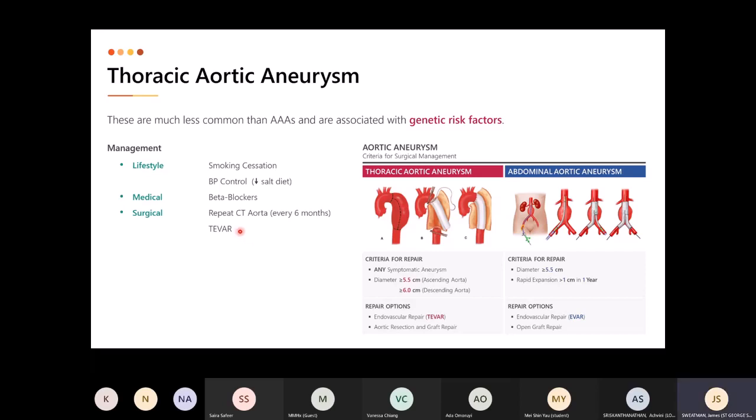If you're just monitoring them, then vascular surgery will normally do a repeat CT aorta just to make sure that they're not getting any bigger. All right, and thoracic aortic aneurysms, the criteria for repair: anyone who's symptomatic or anyone with a pretty large aneurysm, 5.5 or 6. Abdominal aortic aneurysms, you're much more likely to be examined on, and the criteria for repair there is 5.5 centimeters and above, or rapid expansion of more than 1 centimeter in 1 year.